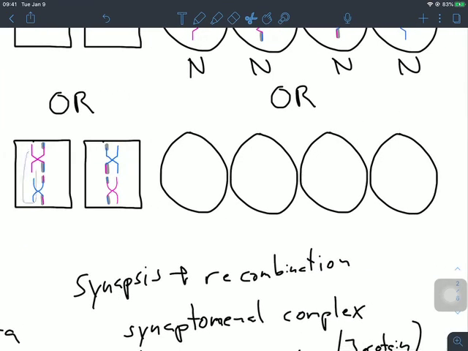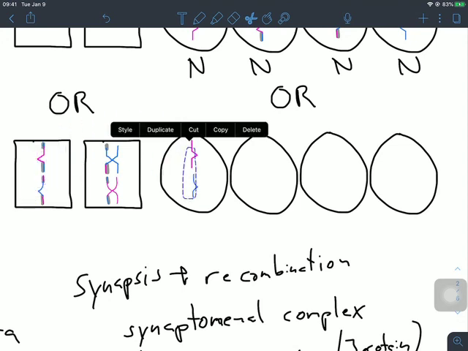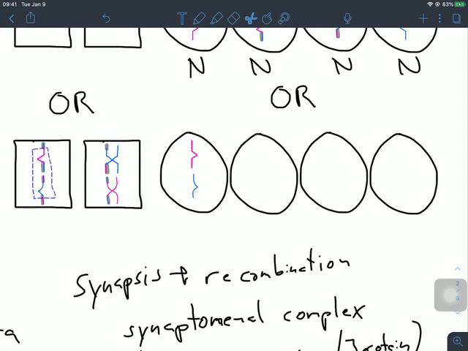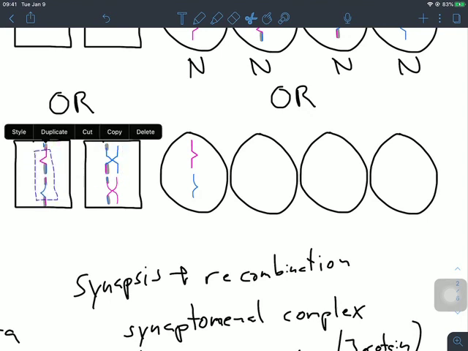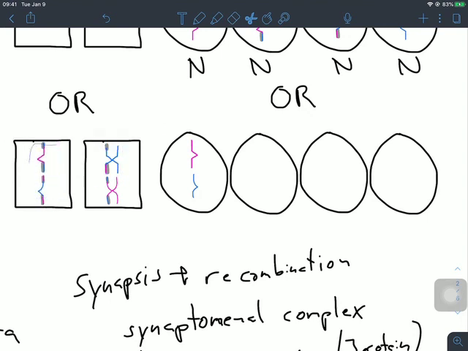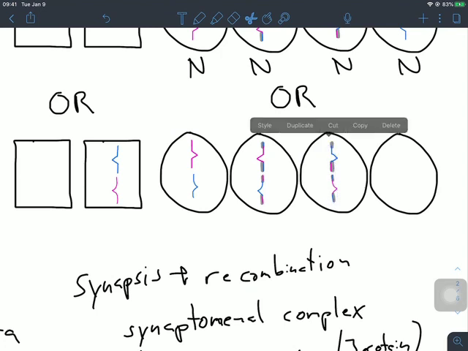And again, when segregating through prophase, prometaphase, metaphase, anaphase, telophase 2, these things would also generate four unique gametes.